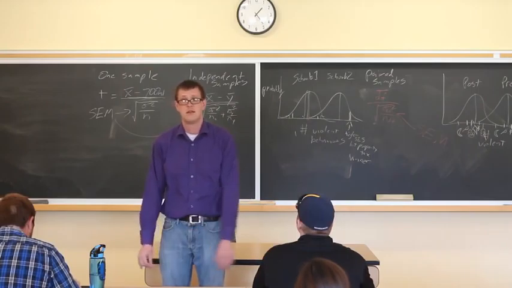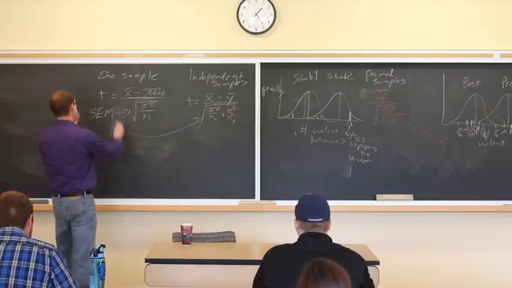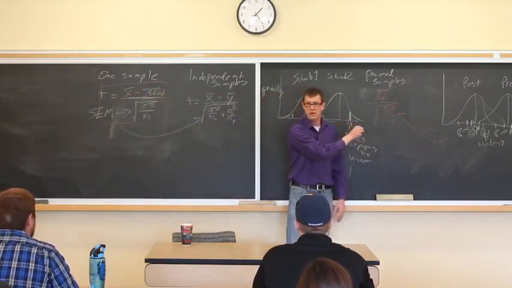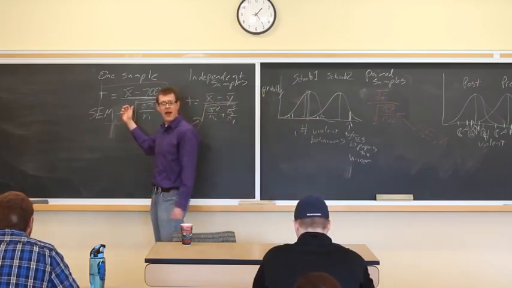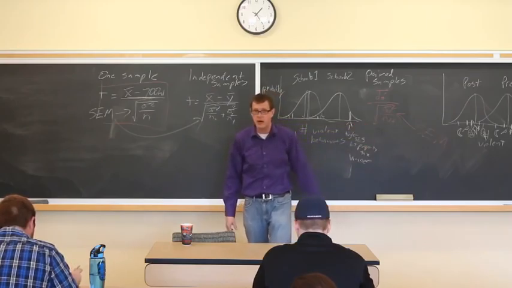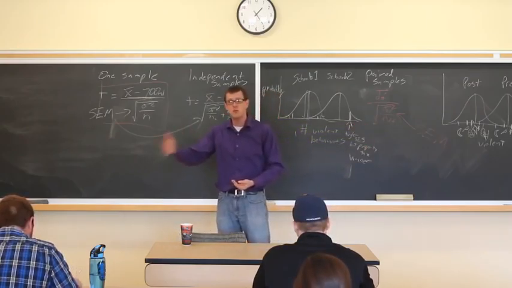Easy. Well, if you can remember one, you can remember the other. It's the same basic way. Here we only have a single sample. Here we have 2, but because things are paired, we can look at the differences for those pairs.